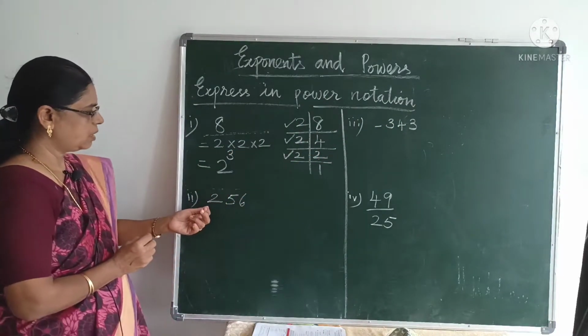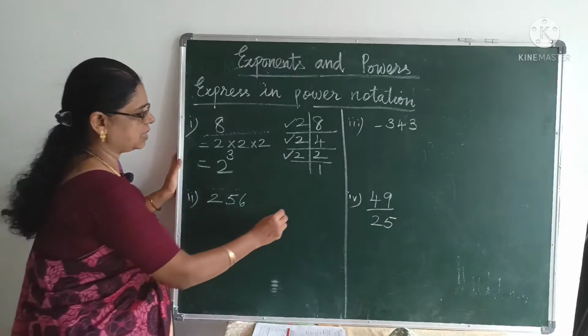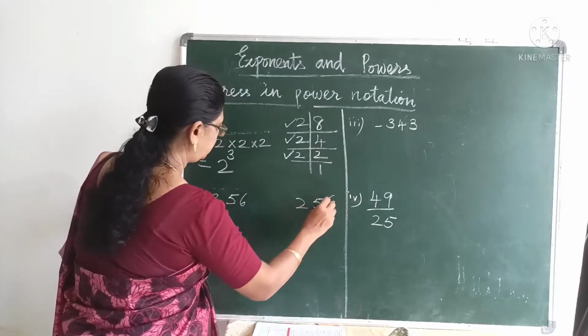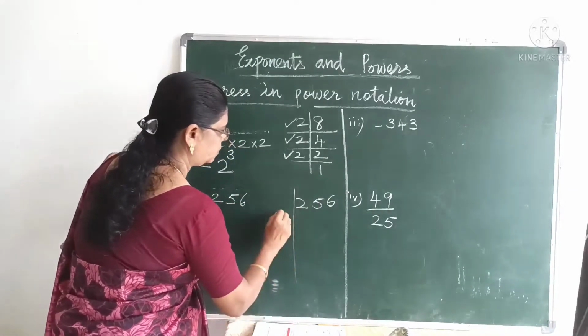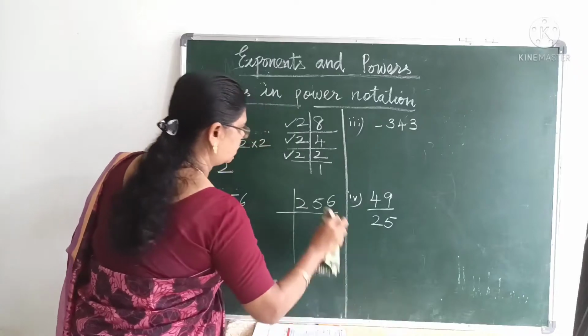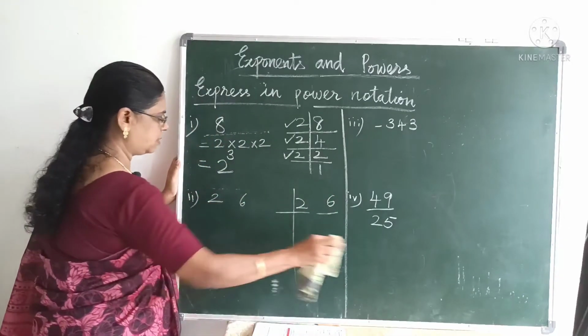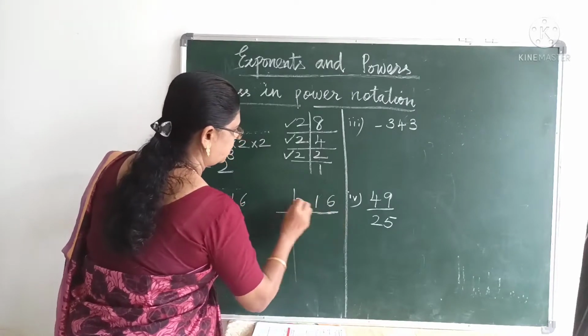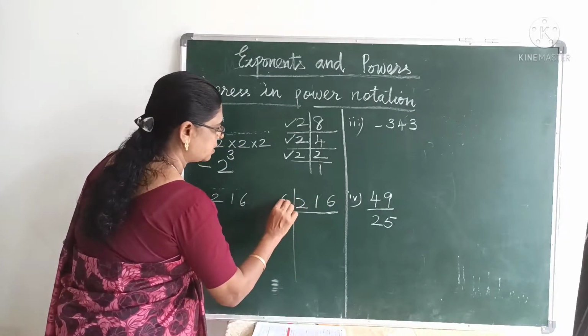The next one, let us take 216. It is divisible by 6.